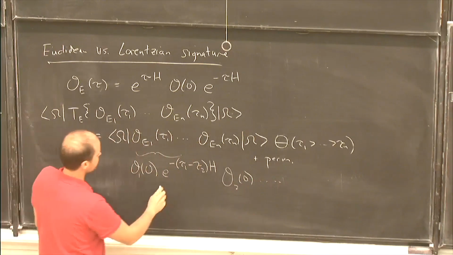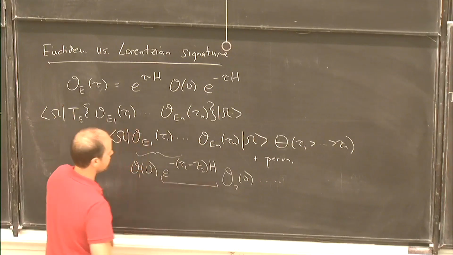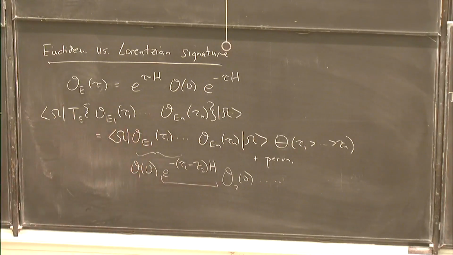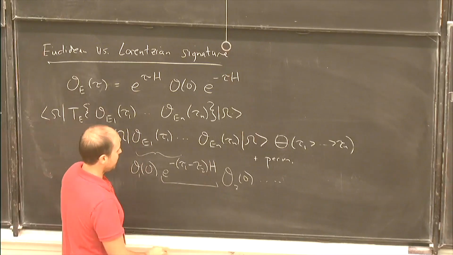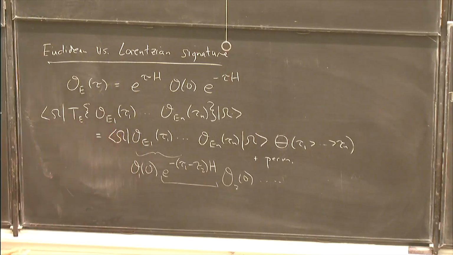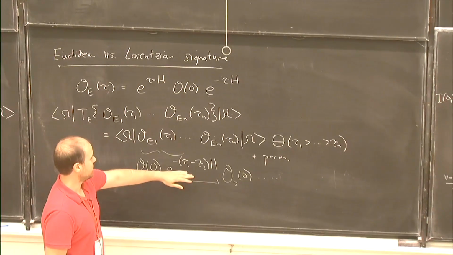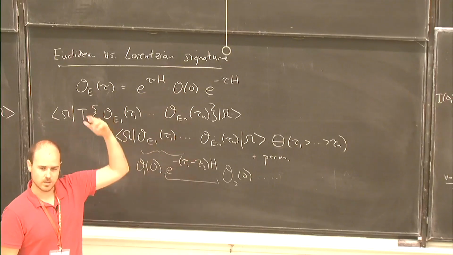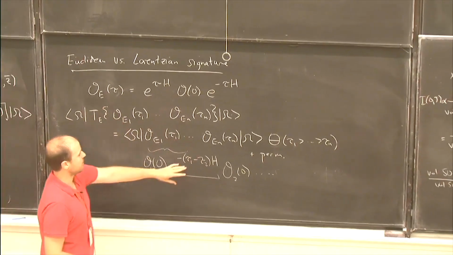And this exponential factor is perfectly well behaved if tau 1 is bigger than tau 2. But if tau 2 is bigger than tau 1, then it's a horribly unbounded operator. High energy states get some exponential increase from acting with this operator.